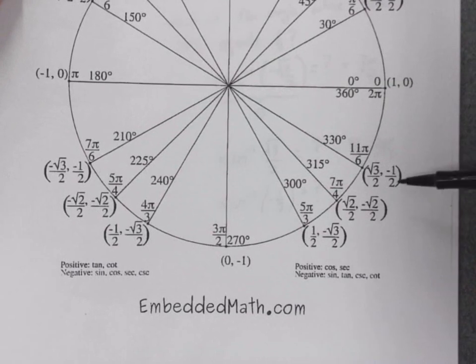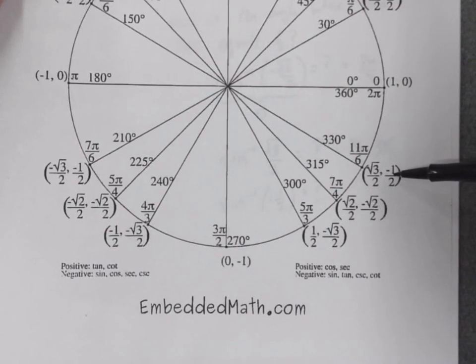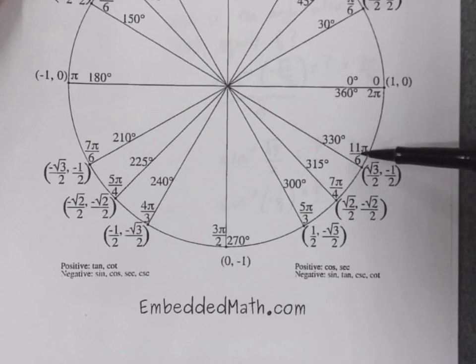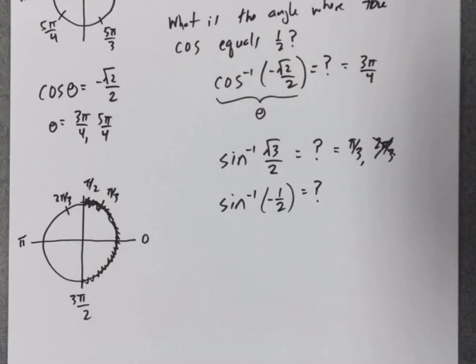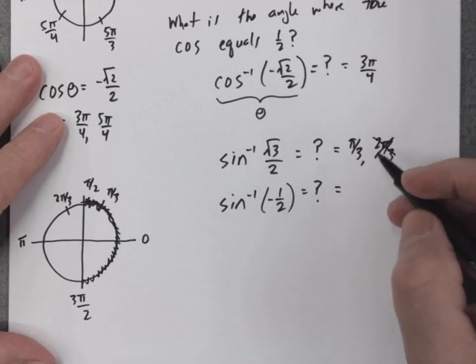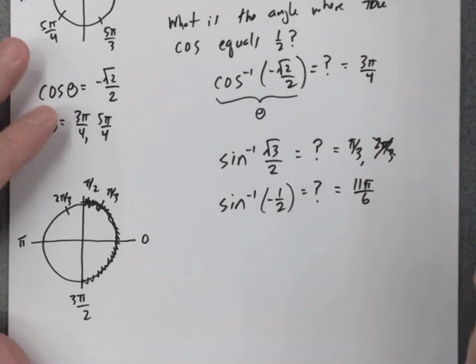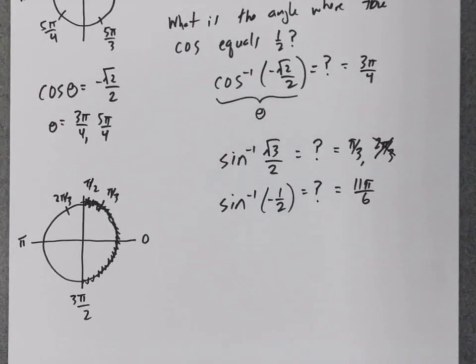So I look and I notice here the sine of 11 pi over 6 is negative 1/2. So you would think, okay, since we have this restriction, it's 11 pi over 6. That would seem to make sense.